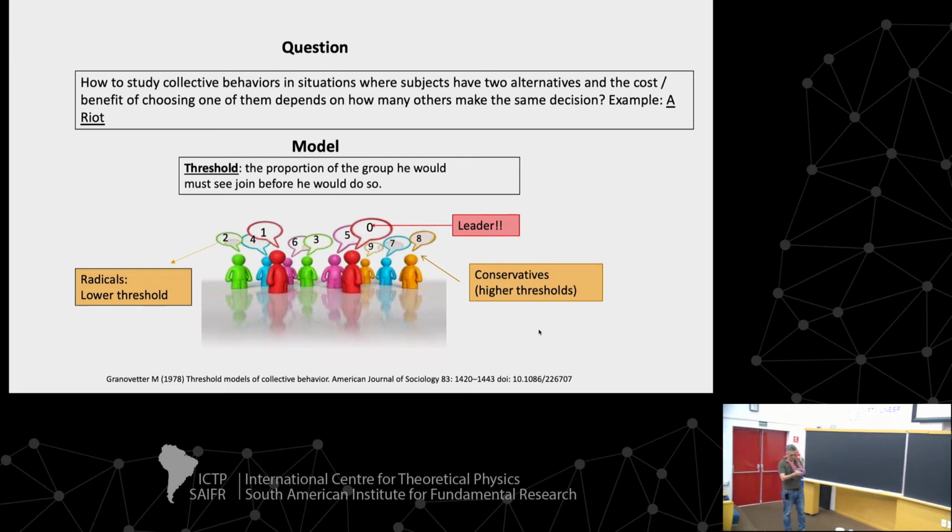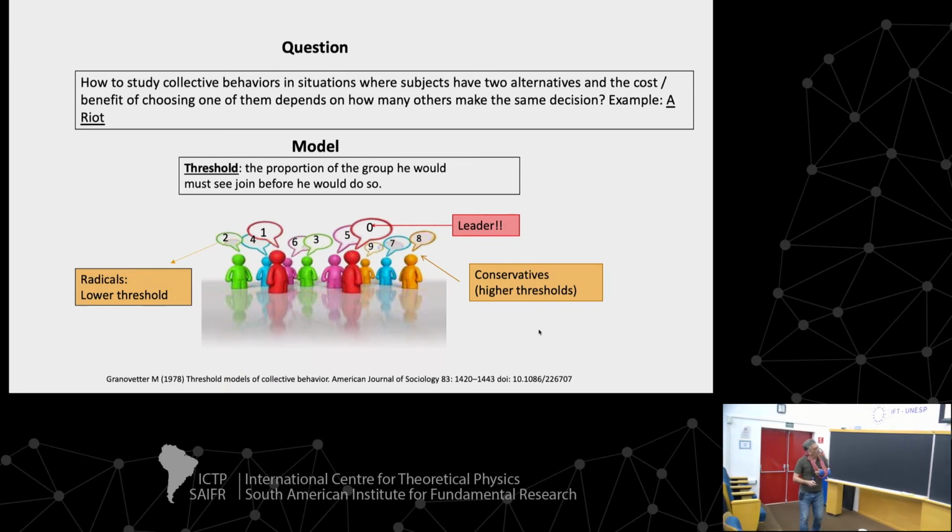For instance, I have a group of agents. Everyone has a number that represents a threshold. This red one has threshold 0. This is the leader. They don't need anyone to join to start the riot.